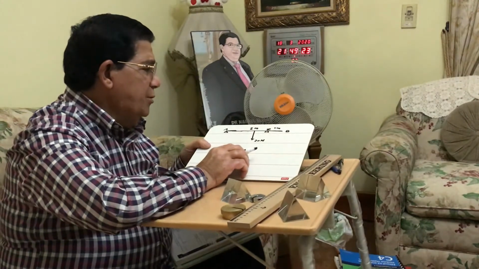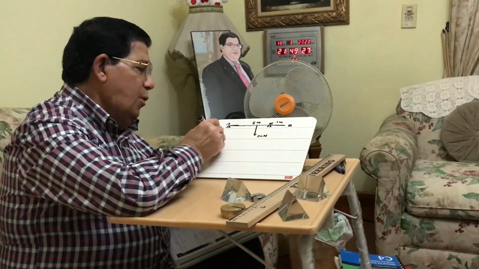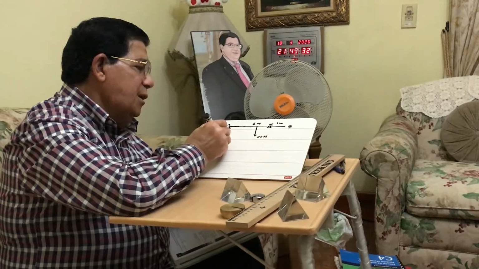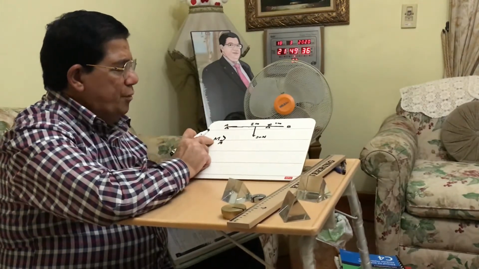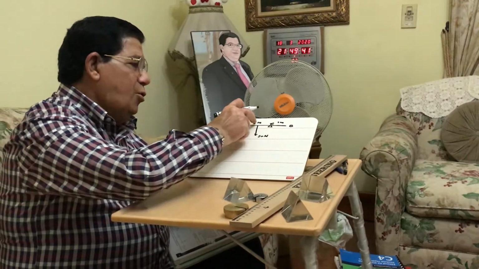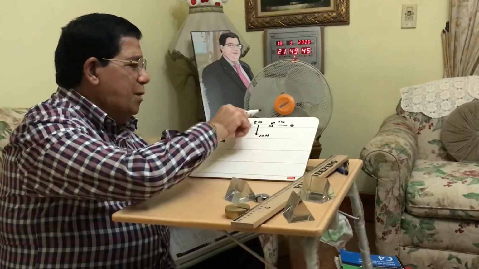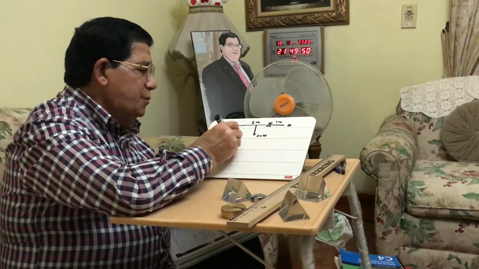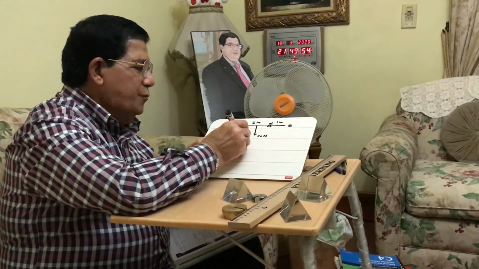It says calculate the magnitude of the reactions at each support. We want to find the reaction at each support. So what are we going to do? We are going to take moments about A. This is the terminology, moments about A. The 20 Newton makes a clockwise moment, 20 times this distance, 1.5.